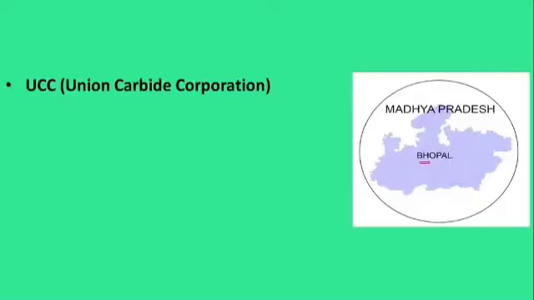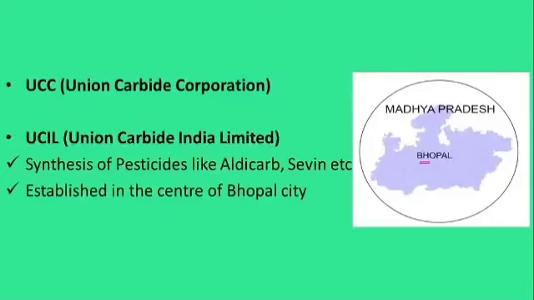So in Bhopal city, that means in Madhya Pradesh, Union Carbide Corporation, which was an international company responsible for manufacturing pesticide in many parts of the world, opened its subsidiary branch with the name UCIL. That means Union Carbide India Limited. So this company was established right in the center of Bhopal city.